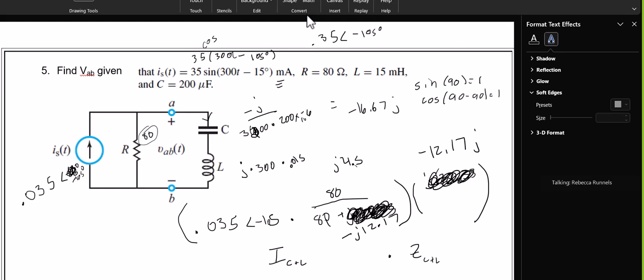Not the right angle, but they have an angle over 180 degrees. I get the right angle. So this equals 0.42 angle 173 degrees volts, which they gave as negative 186 degrees volts. No matter if you add or subtract, it's a difference of 180.